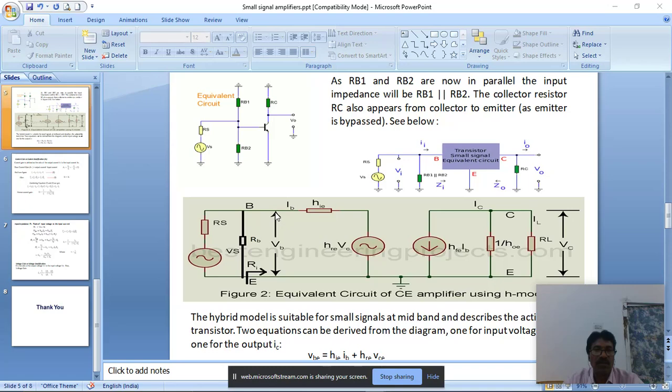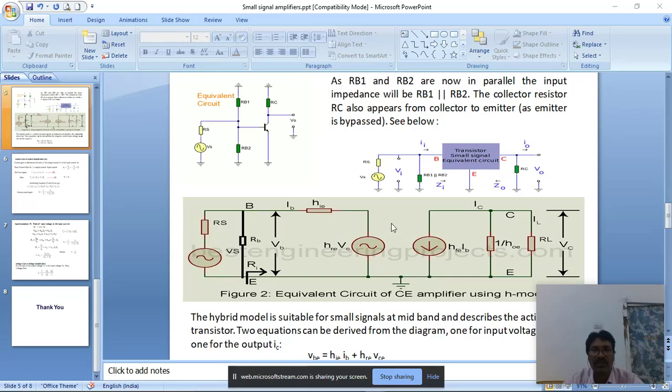The voltage between the base and emitter is called VBE, and the output current is IC and the load current is IL. You see that IC and IL are both passing through the same branch, but in opposite directions. Then IL equals minus IC.